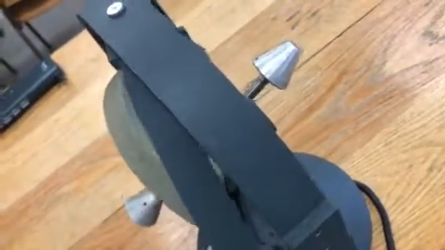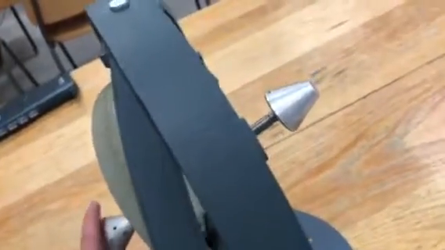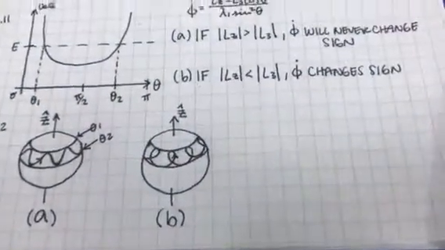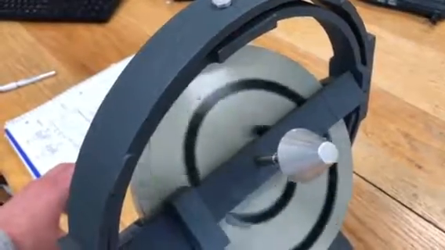Though it's dampened by friction, so I have to keep bumping it a little bit. But this little nozzle, or nose, moves in a circular motion. So that's representing that figure B, where phi dot changes sign, and it moves in a circular motion. No matter how I push it, it always seems to go in that circular sort of motion. And again, it's dampened by friction, so it stops a little bit.